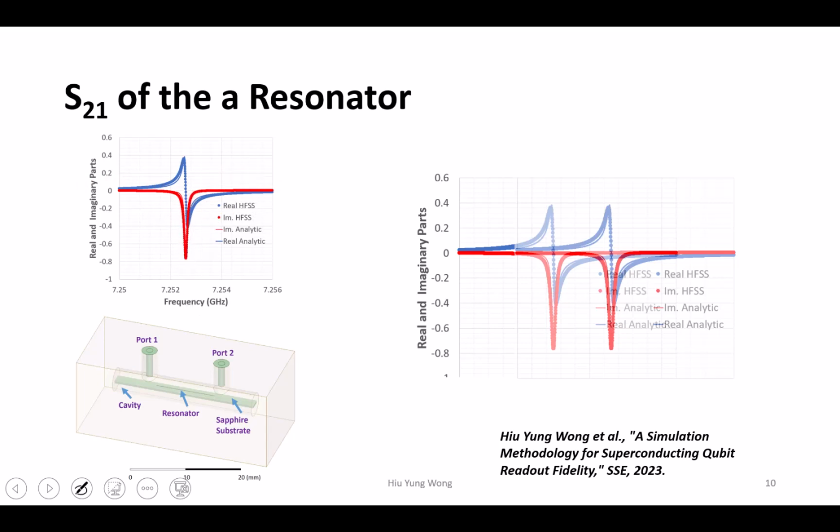While earlier, what I showed you is the magnitude in the other figure. The magnitude will be something like this, right? So if you really plot them together, for example, you will see something like this. This is the resonance frequency, right? This is the magnitude of S21.